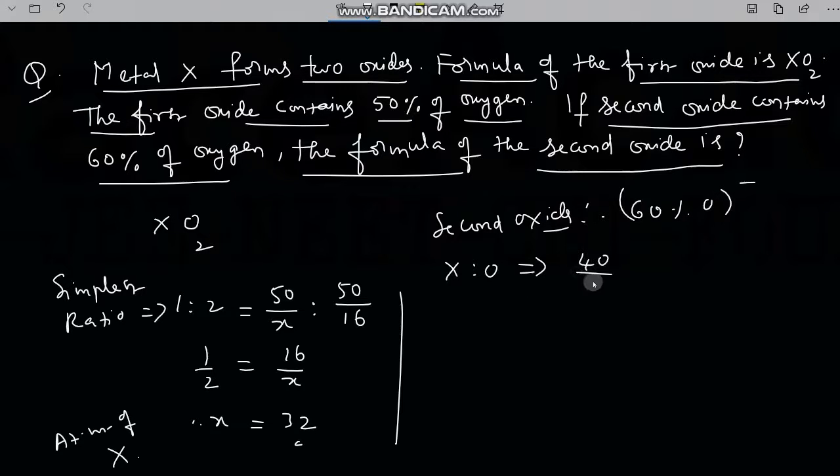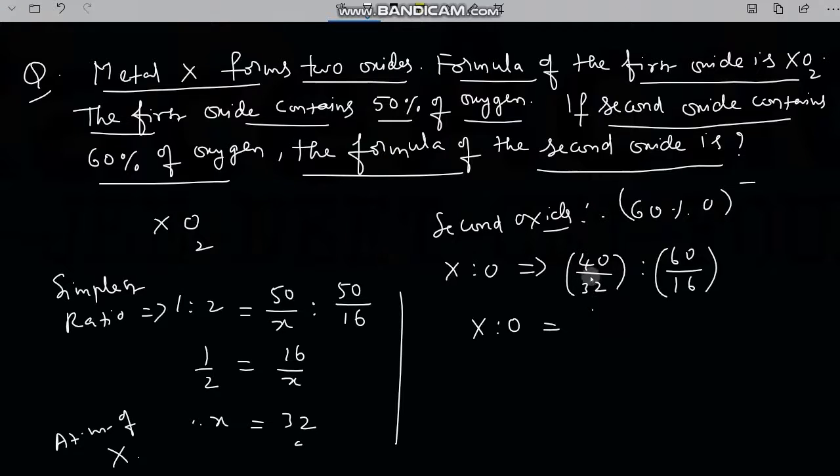So 40 by 32 is the ratio of X, and oxygen is 60%, so 60 by 16, the atomic mass of oxygen. Okay, so this is the ratio. X is to O is 40 by 32 to 60 by 16.